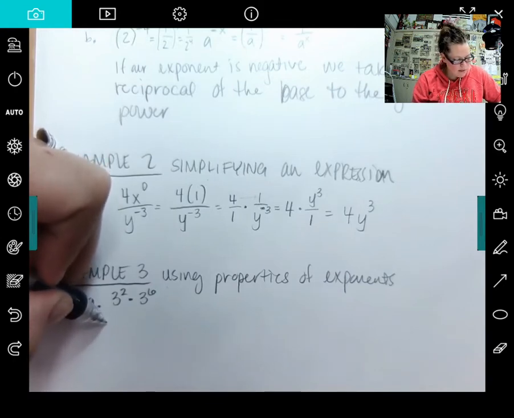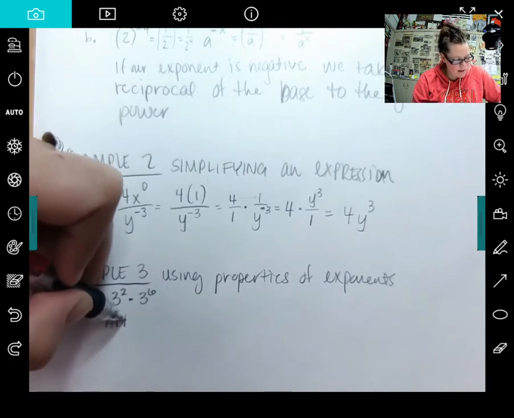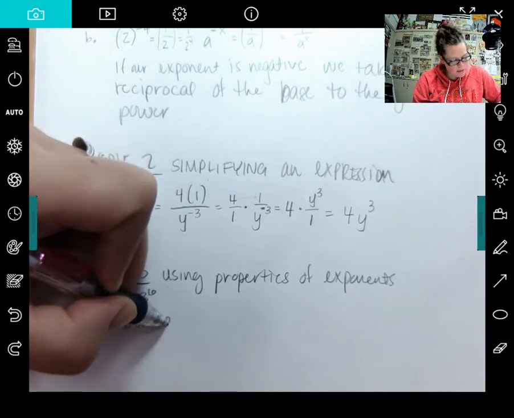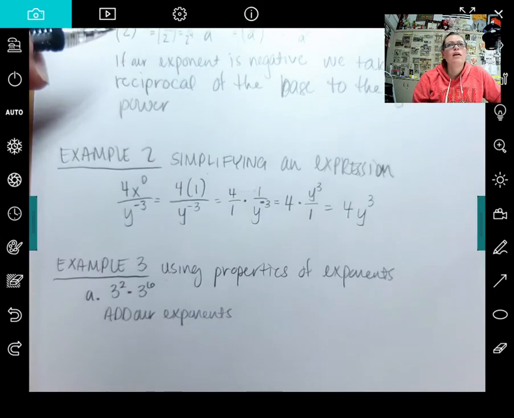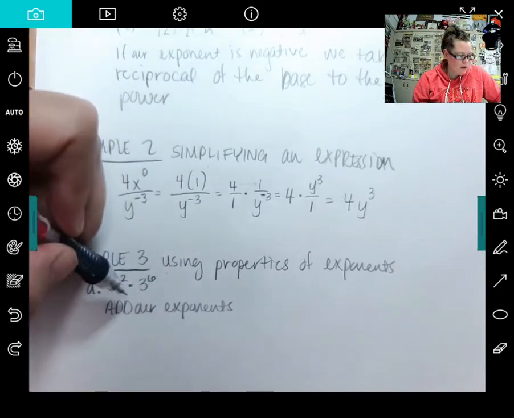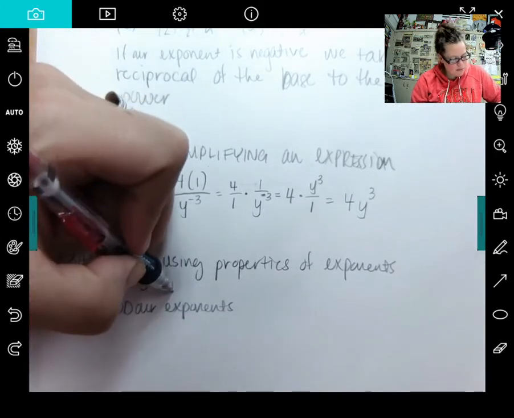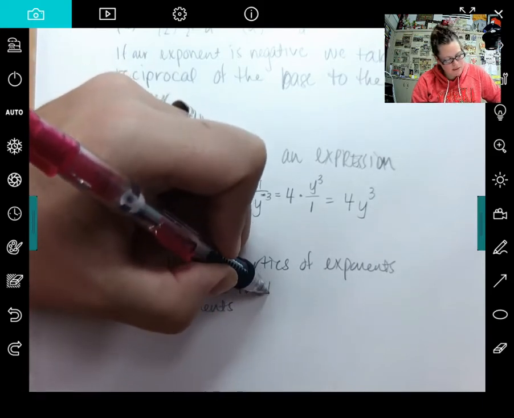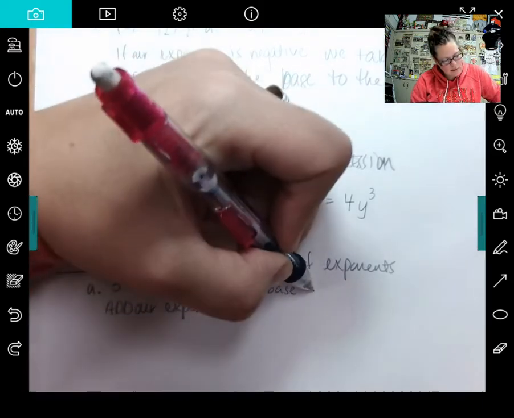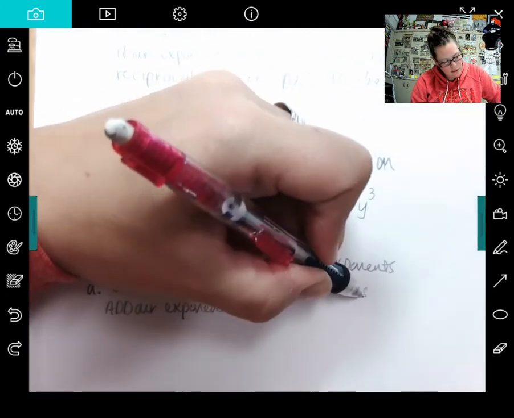So in this case, we would add our exponents, because the base is the same.